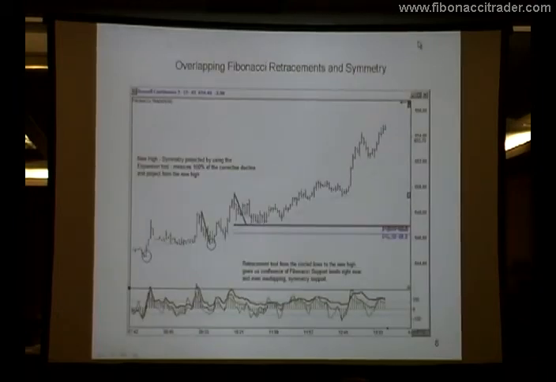Okay, here's an example. Now again, if we were setting up this chart now, all of the stuff would be projected from up here. But I wanted to show you something with the result in it as well. What you're seeing here is symmetry and Fibonacci retracements overlapping.